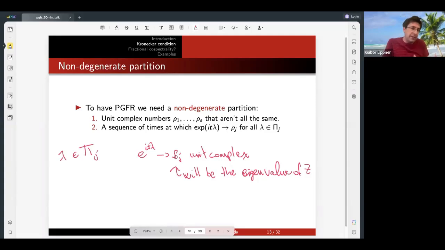So the partition is given, and now we know which groups of eigenvalues must approximate the same unit complex number at these times. And we also want that these are not the same unit complex numbers. So this is a property of the partition, or these groups of eigenvalues. We call this a non-degenerate partition. If you can actually choose these unit complex numbers, they're not all the same, and you can choose a sequence of times at which the lambdas in each group converge, e to the it lambda converges to this chosen complex number.